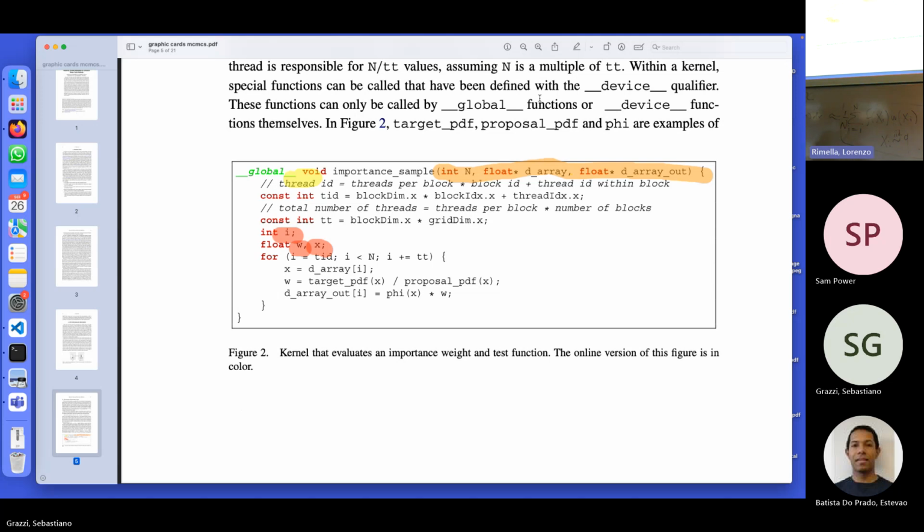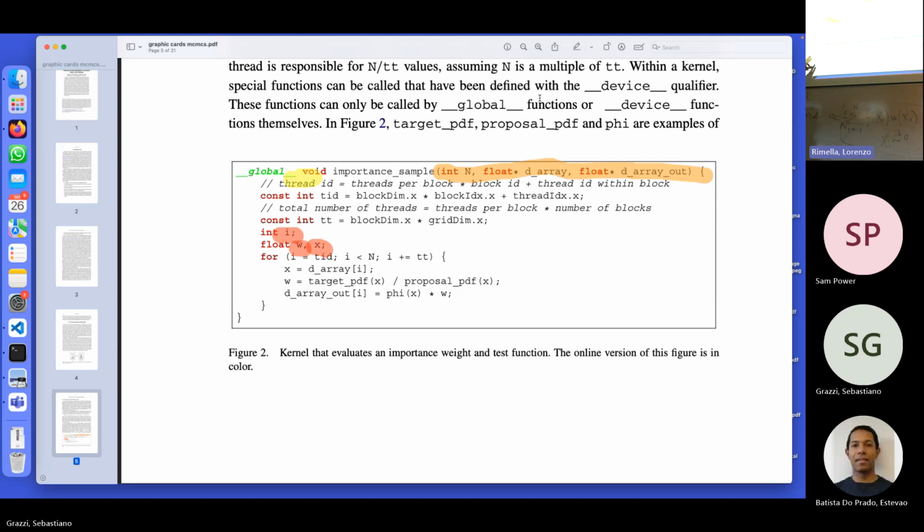The other thing I wanted to stress in this segment of code is that there are very few allocations inside this function, because we are just allocating two local variables, w and x, a floating number and one integer, and that's it. Then we are writing on things that are given as input.